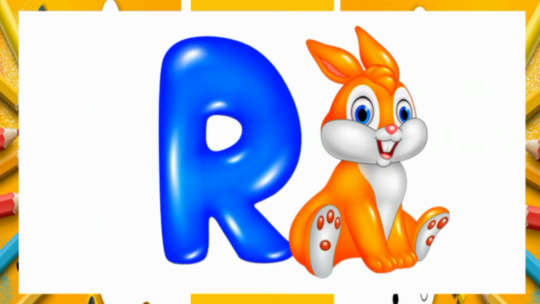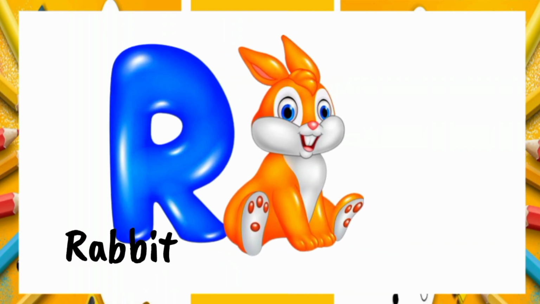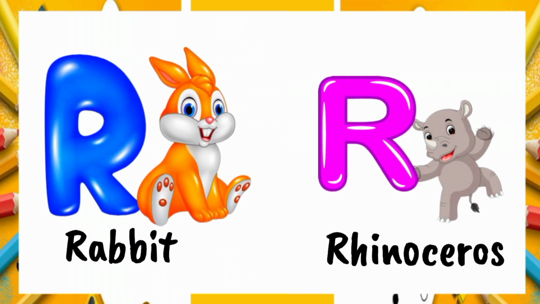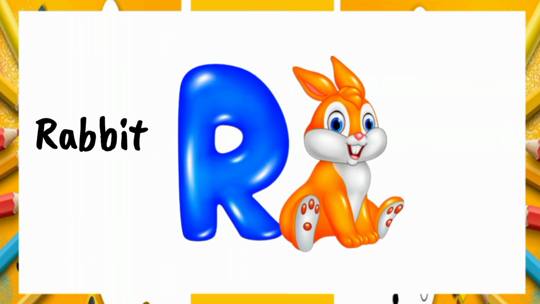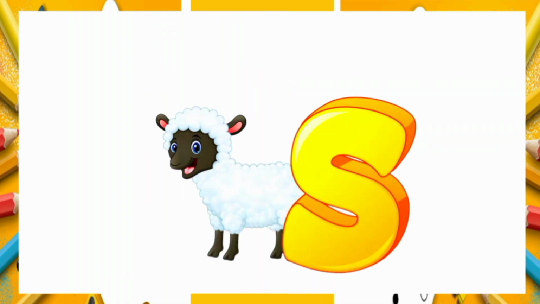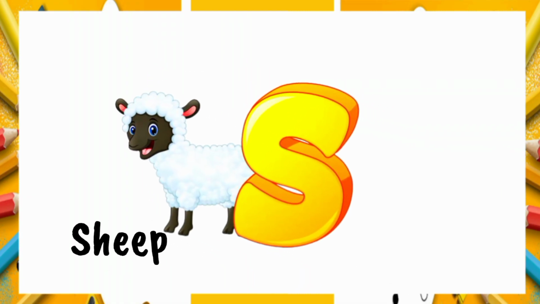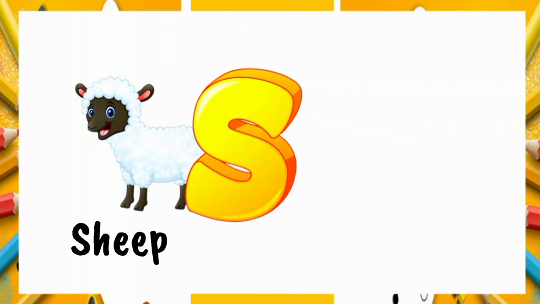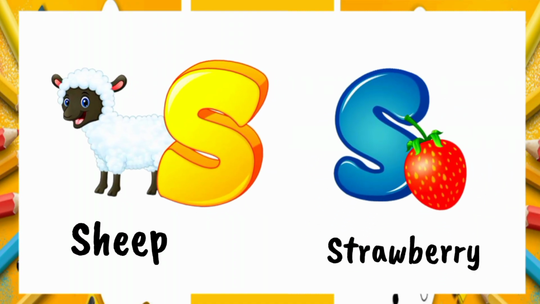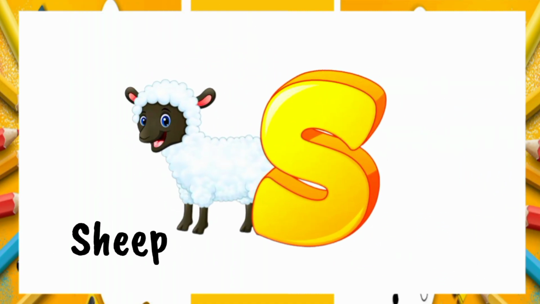Quran. R is for rabbit. R is for rhinoceros. Rabbit. Rhinoceros. S is for sheep. S is for strawberry. Sheep.